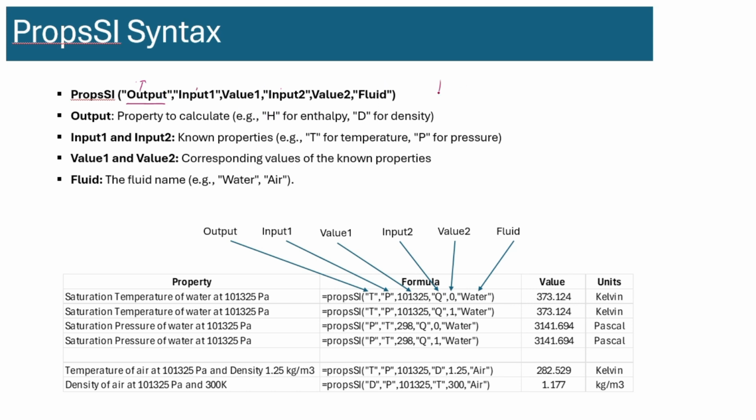For typical pure fluids, you need two independent variables or independent properties to determine the state of that fluid.